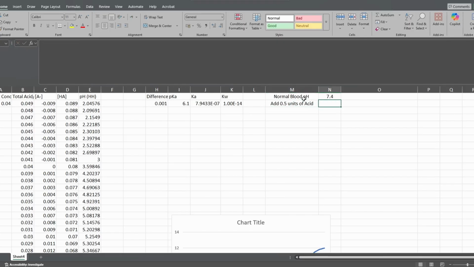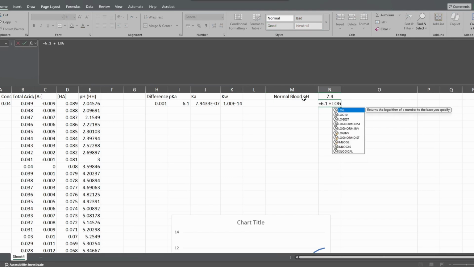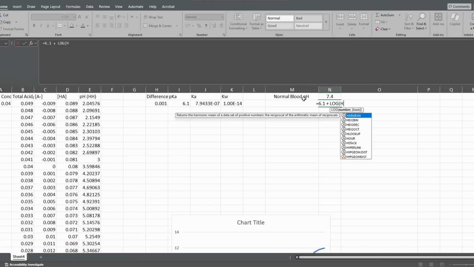To do this, we will use the Henderson-Hasselbalch equation: 6.1, which is the pKa, plus log of A negative. A negative is the bicarbonate ion, and at blood pH we have 20.